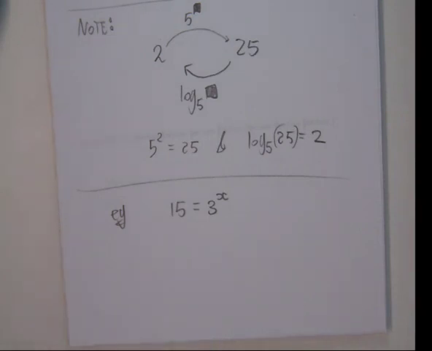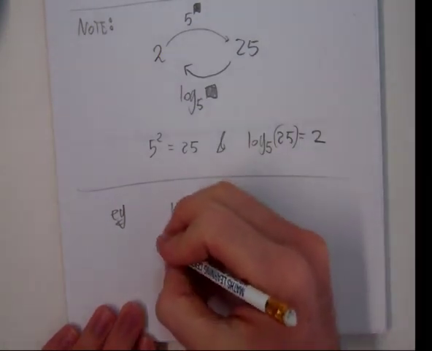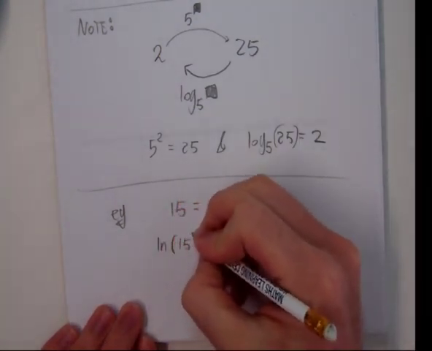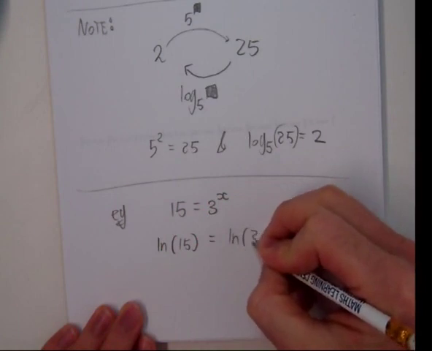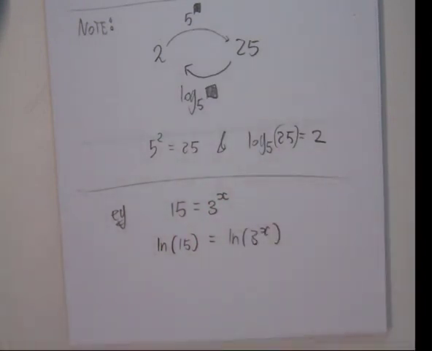I can figure it out exactly by doing ln on both sides. This is the usual way of solving this. I could do log base 3, but my calculator doesn't know what log base 3 is, but it does know what ln is.